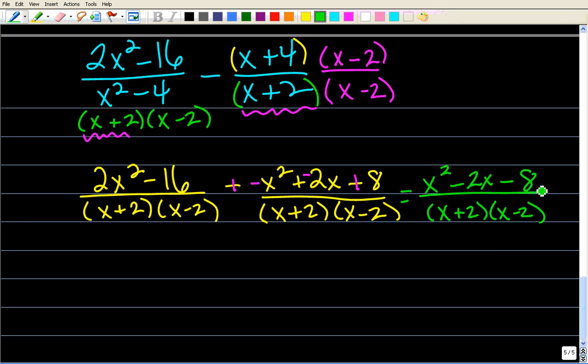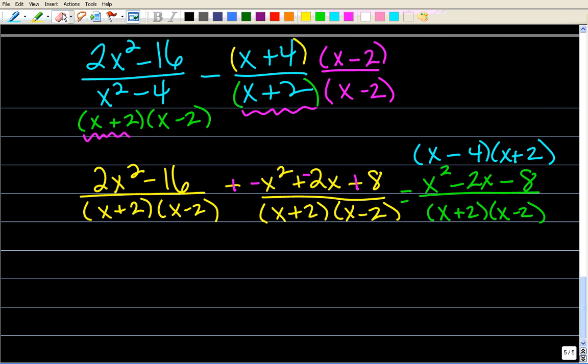But you should always check whenever you're simplifying to see if the top factors. Checking this out, is there anything that multiplies to negative 8 that adds to negative 2? As it turns out, that's the same thing as x minus 4 times x plus 2.